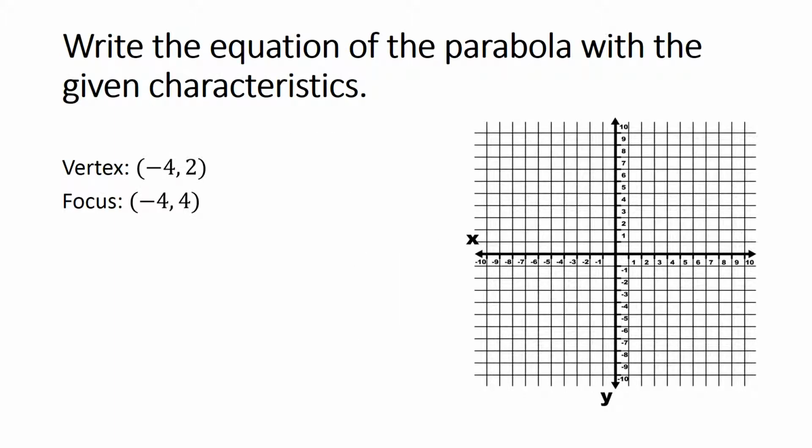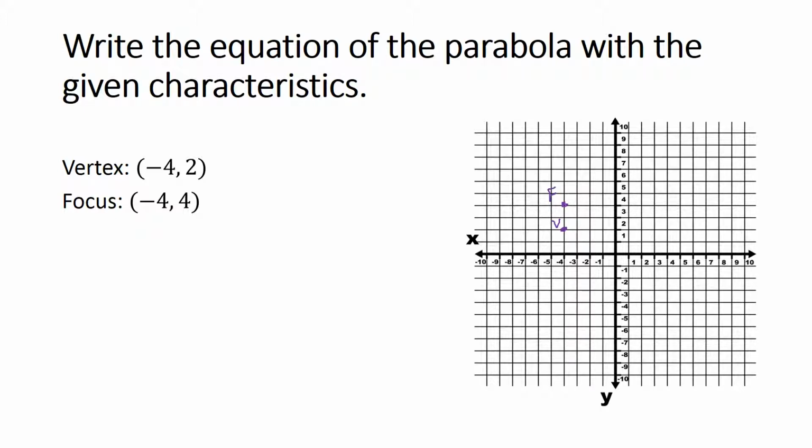Here we're given two characteristics about a parabola. We know that the vertex is at (-4, 2), and we know that the focus point is at (-4, 4). Let's sketch these points on the graph. I'm going to use purple. All right, so the vertex is (-4, 2), and I'm going to label that with a V for vertex. And the focus point is (-4, 4).